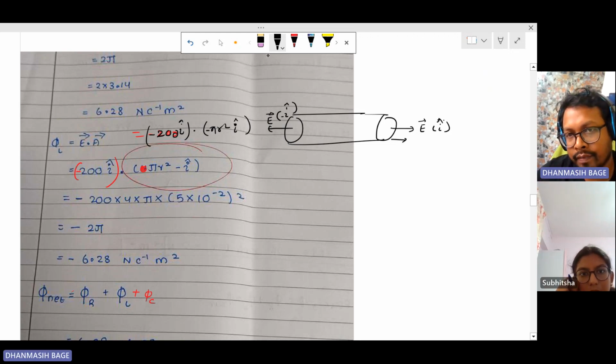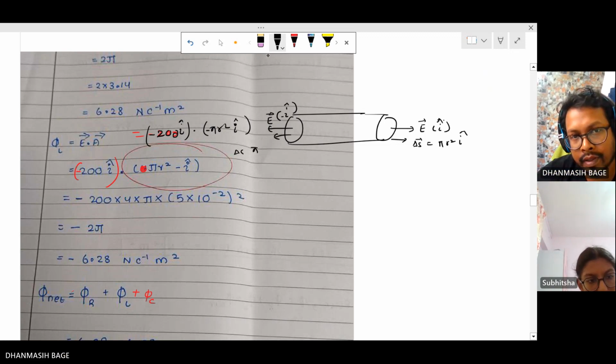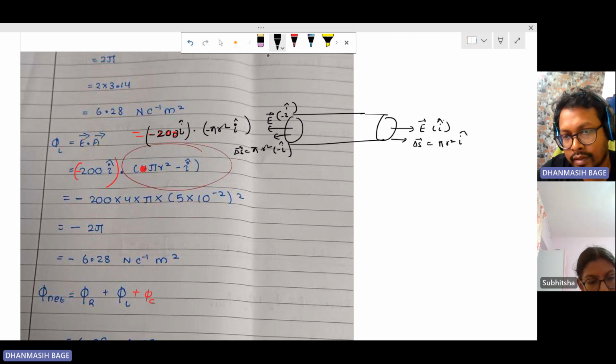Delta S vector here is equal to pi r square I cap, and here it is opposite to this thing. So how can the direction be the same? Delta S vector here is pi r square minus I cap. You can write it like this.